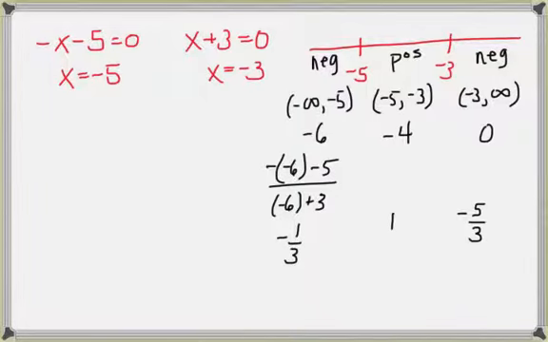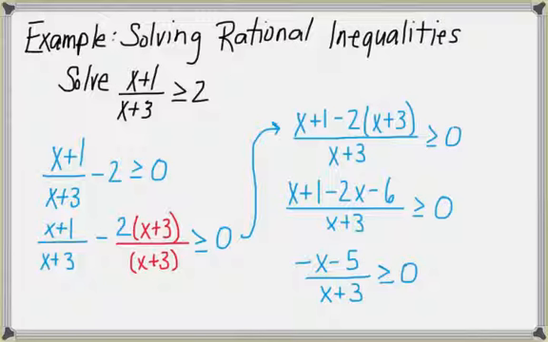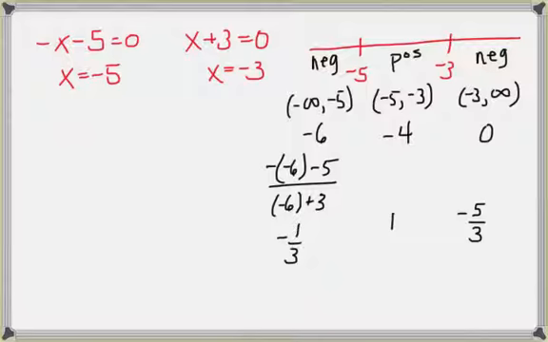Because, remember, and I'll go back here, the original question was to find all the x values that are greater than or equal to 0. The reason I'm saying negative 5 to negative 3 is my answer is because it's a positive interval, meaning the answers that I get in there are always going to be greater than 0. So that's where I start.